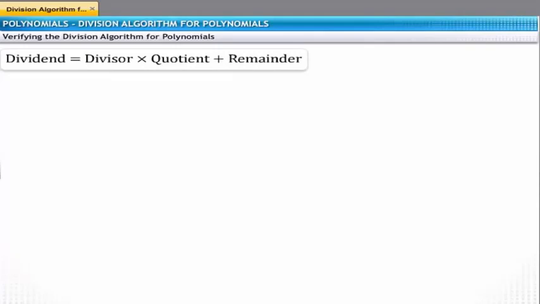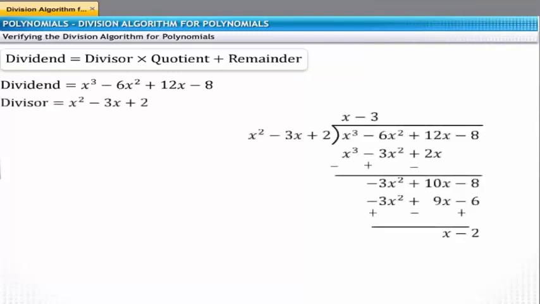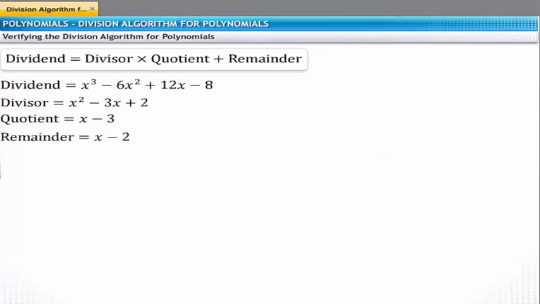Let's now verify the division algorithm for the polynomial division just performed. Here you have divided x cubed minus 6x square plus 12x minus 8 by x square minus 3x plus 2. On performing the division, the quotient is x minus 3 and the remainder is x minus 2.